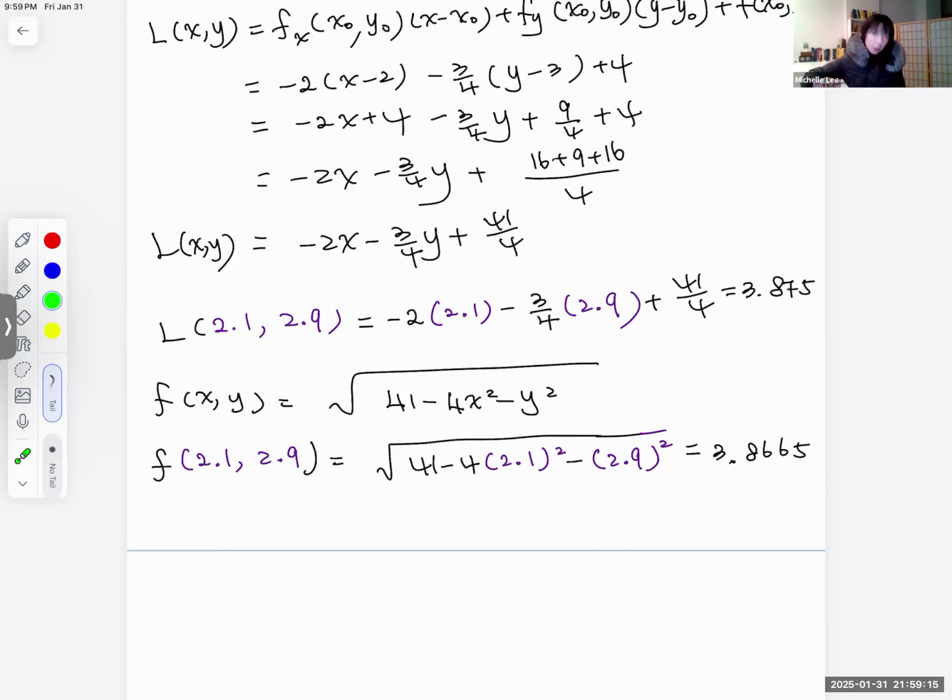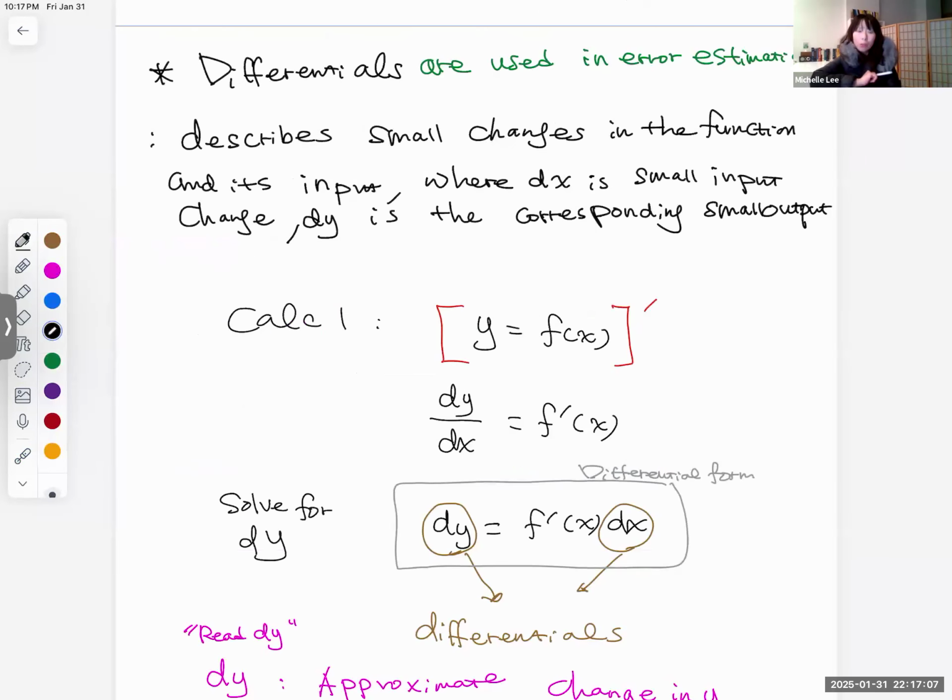Okay, let me write down differentials first. So differentials are used in error estimation. Differentials describe a small change in the function with input. So dx will be the small input change and dy the small output change.